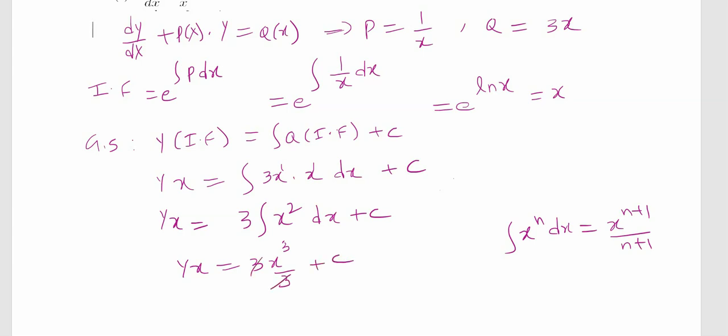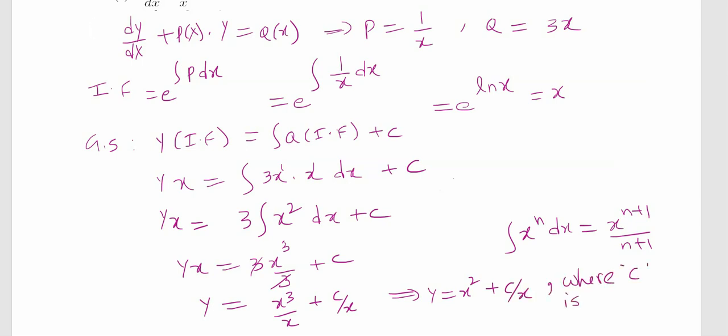The 3 of course cancels, so y equals x cube divided by x, dividing by this x, plus c over x. So the final answer is y equals x square plus c over x, where c is an arbitrary constant. This is the way of finding the solution for a differential equation which is linear in y.